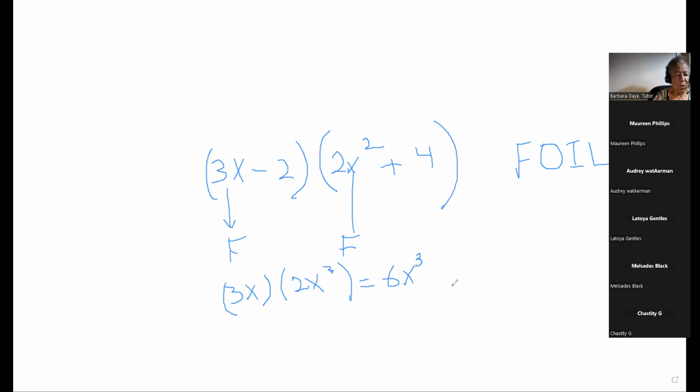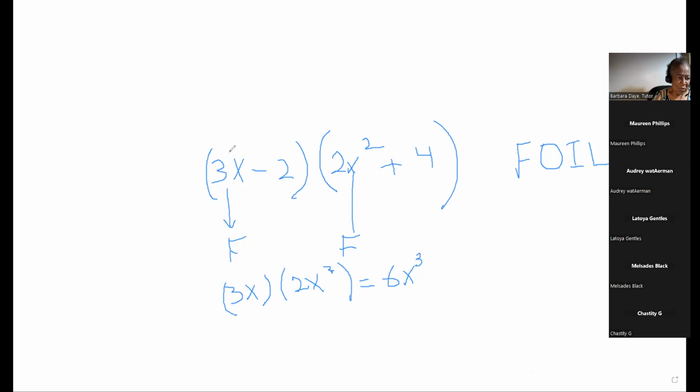Now Audrey, what's the outer? The outer would be the 4. There's 2 outers. What's the other outer? 3x times 4.